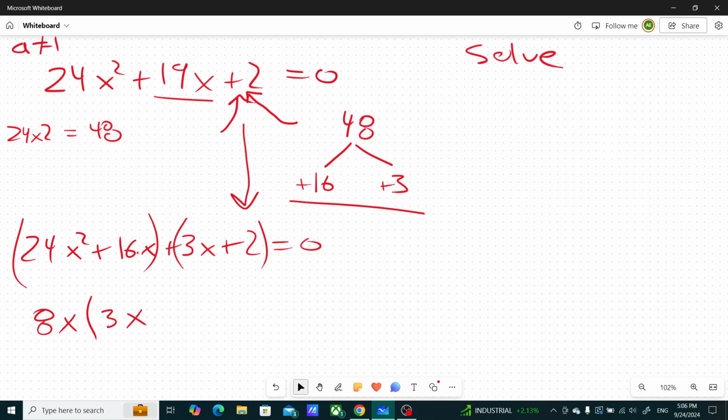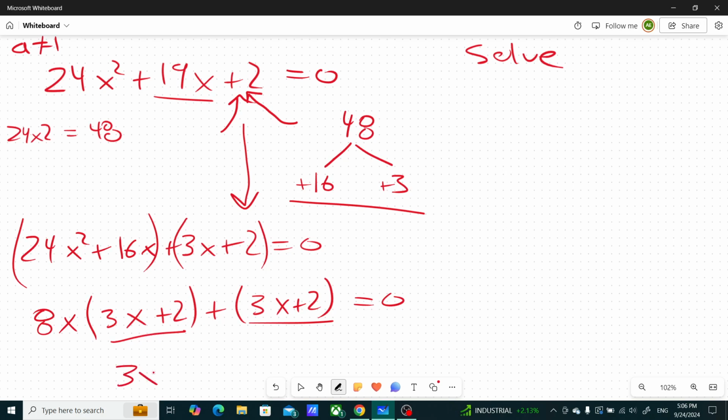And 16x divide 8x is basically plus 2. Then we have a plus 3x plus 2. I have nothing to take out from this bracket, and it's already the same as the first bracket. So now I can take a 3x plus 2 out common from everything.